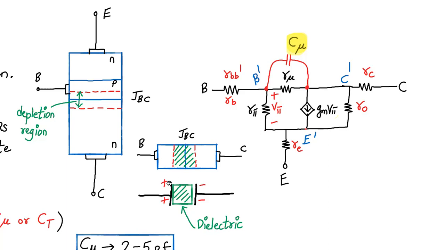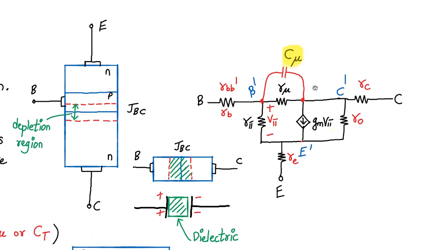So that's how we have a capacitance in a reverse bias PN junction. That capacitance is between the internal base, B dash, and the internal collector, C dash. So we are representing it in the form of a capacitance C mu. Is this clear to you all?